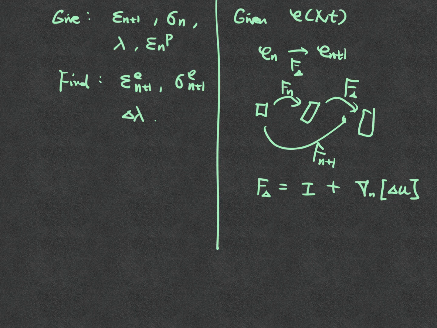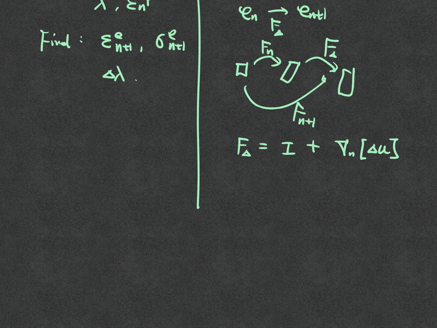Now this definition won't work if your displacement gradient is too large or things are very nonlinear. Then you will write that F n plus 1 is approximately equal to F delta F n.